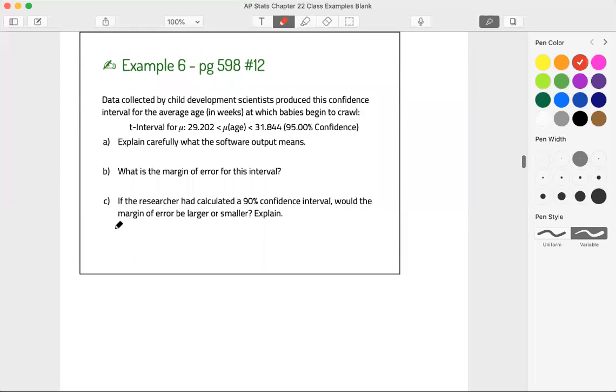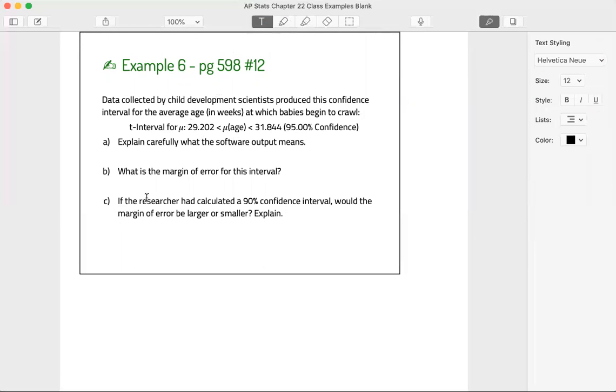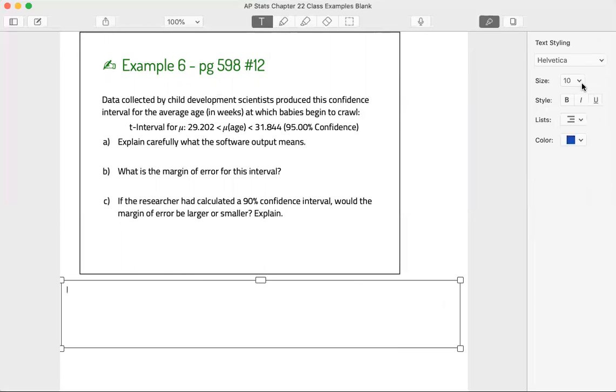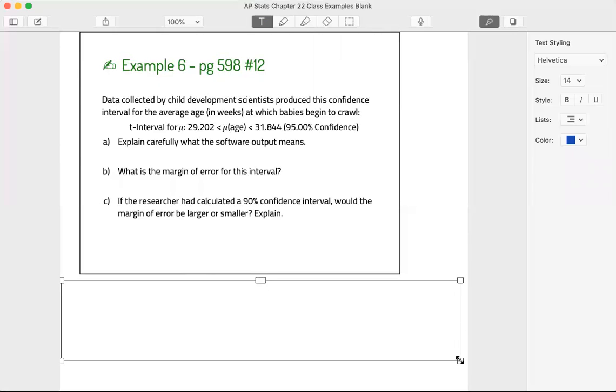All right, example 6. The data collected by a child development scientist produced this confidence interval for the average age in which they begin to crawl. The average age is between 29.202 and 31.844, with 95% confidence. Explain carefully what this interval means. Let's go ahead and type that up. I'm going to increase my size here so we can see this a little better.